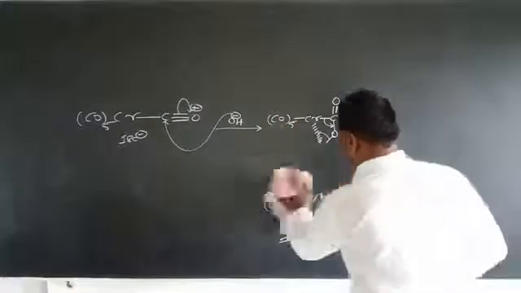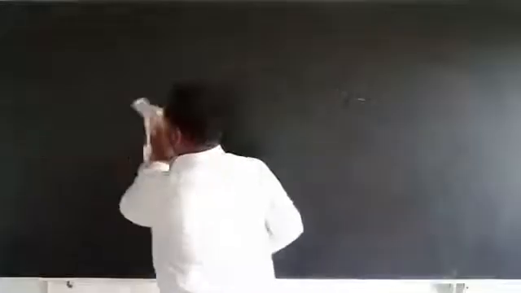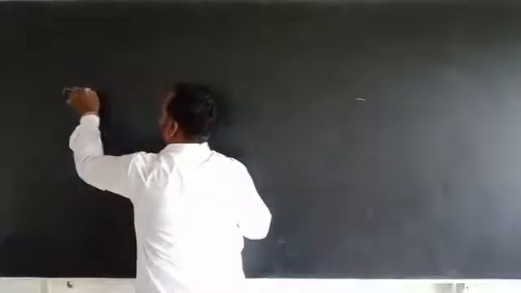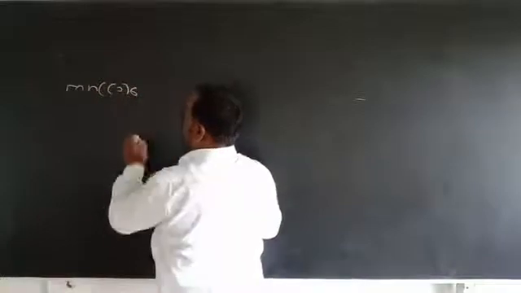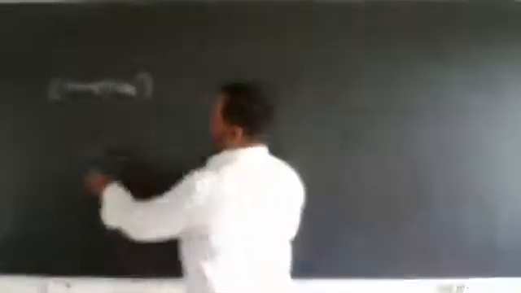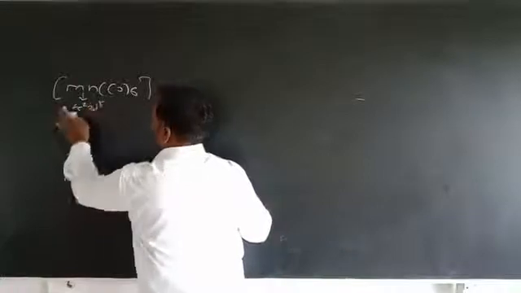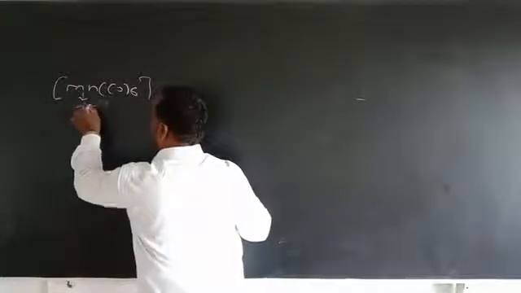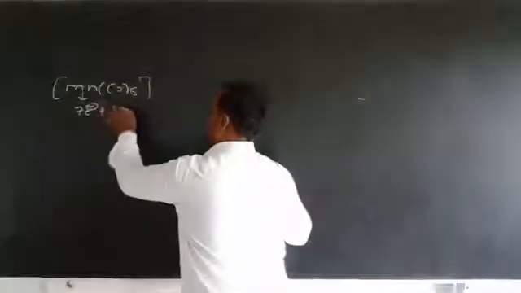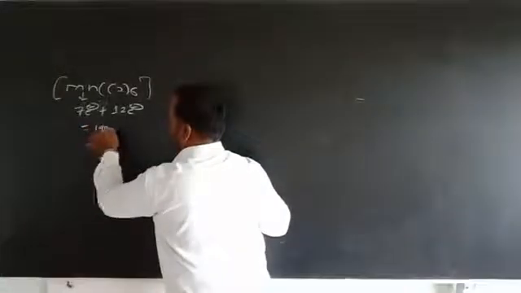Let us consider another example of this nucleophilic attack: MnCO by 6. In this complex, Mn contributes 4s2 3d5, that is 7 electrons, plus the carbonyls contribute 6 into 2, so total 12, and 12 plus 7 is 19 electrons.